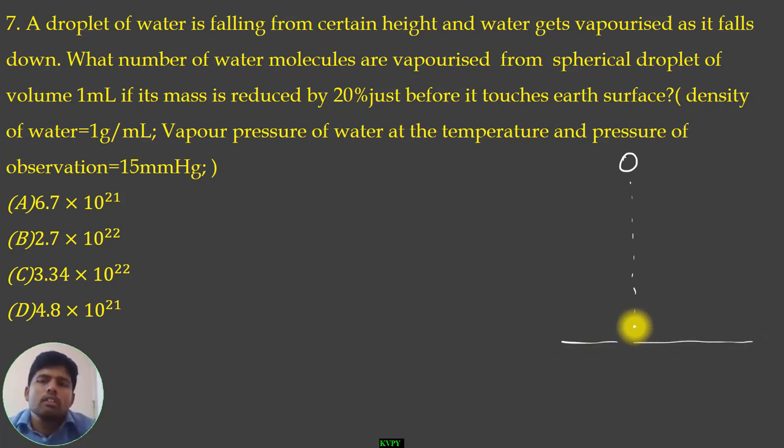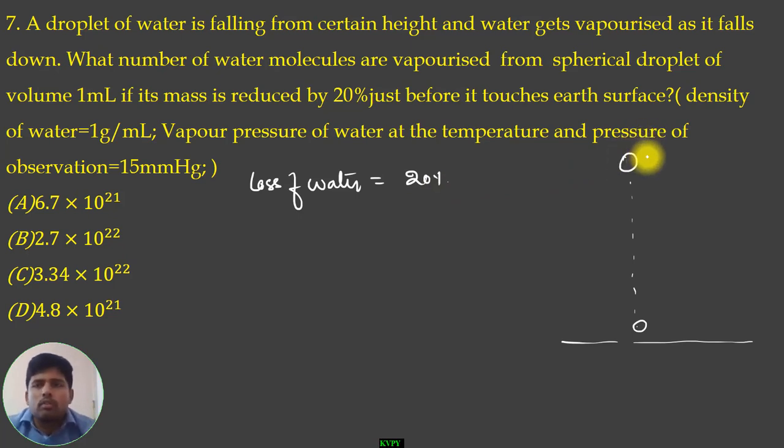So before it touches the surface, some quantity of water is lost by vaporization. Now 20% mass is lost. So if its mass is reduced by 20%, that means loss of water is equal to 20%.